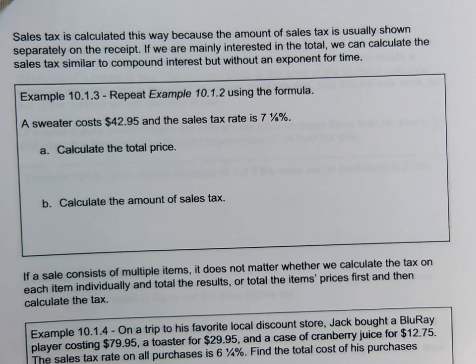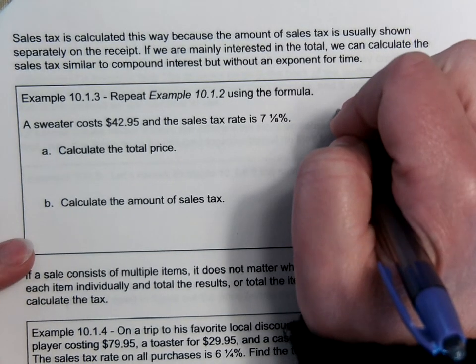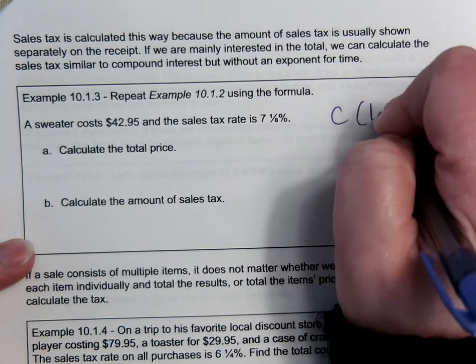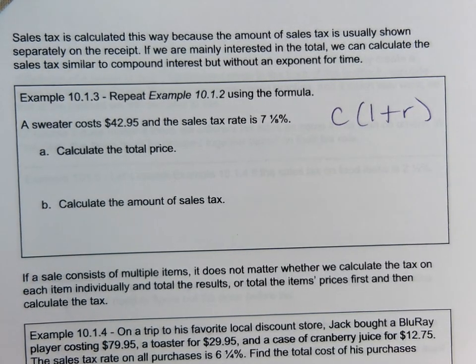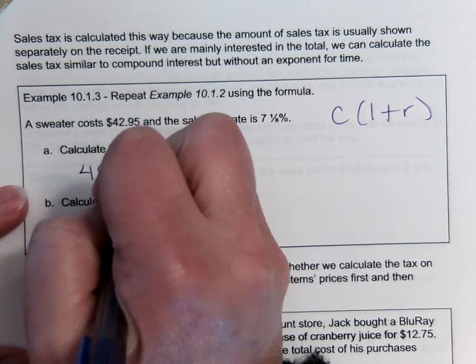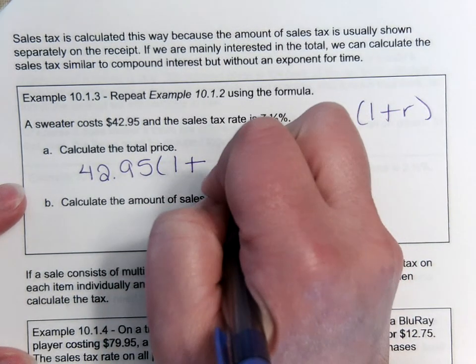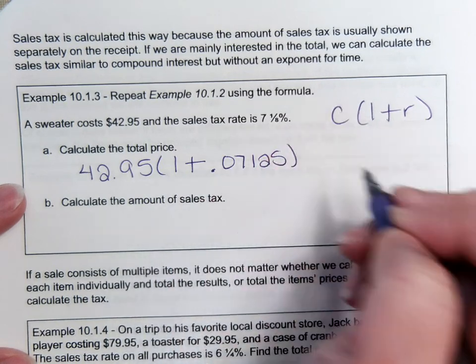Sales tax is calculated this way because the amount of sales tax is usually shown separately on the receipt. If we're mainly interested in the total, we can calculate the sales tax similar to compound interest, but without an exponent for time. So we're going to rework that with the cost times 1 plus the rate. So we're going to do $42.95 times 1 plus, and that rate again was 0.07125.